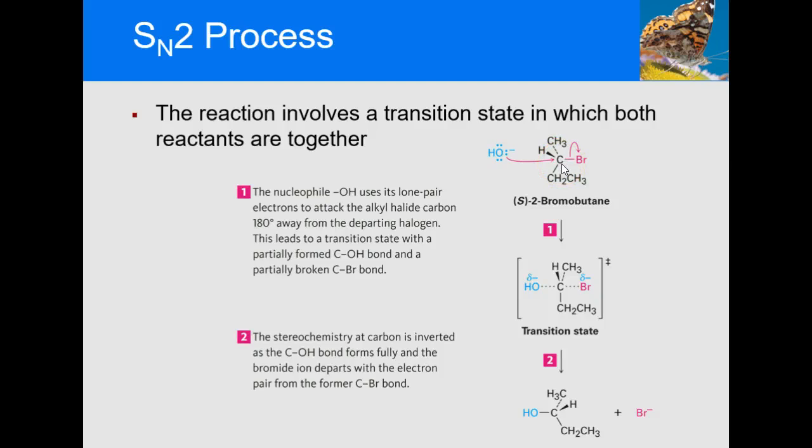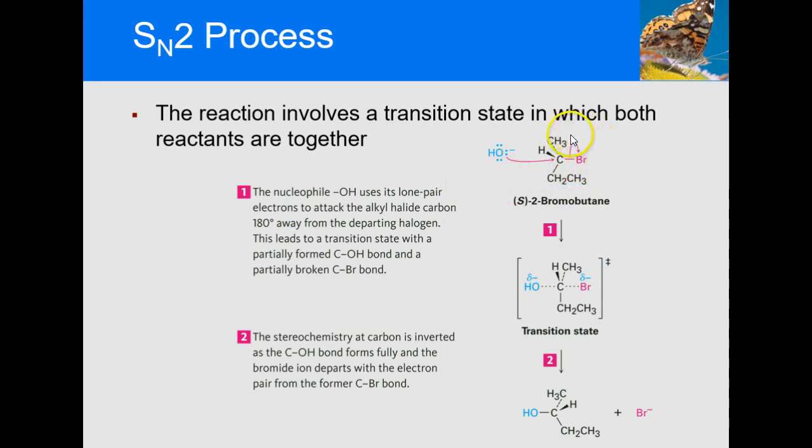Now it's concerted, meaning it happens all at the same time. As my OH is attacking the carbon, the bromine is leaving at the same time. The difference is that in the SN1 process, the leaving group leaves first, then your nucleophile attacks. In this case, as the nucleophile is attacking, the leaving group is leaving.